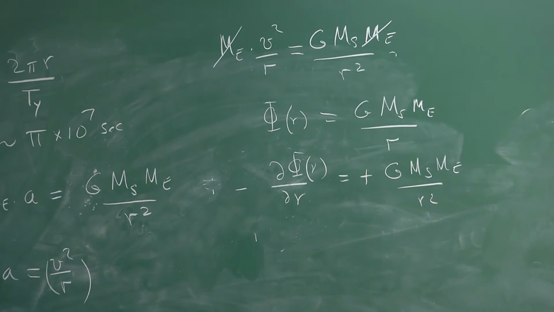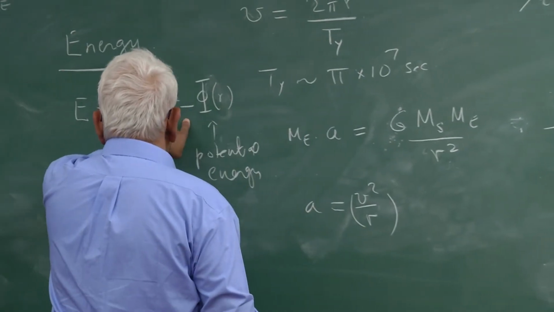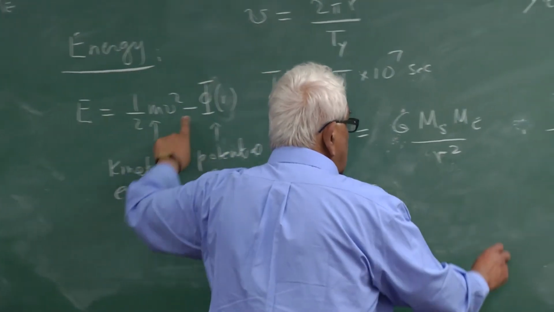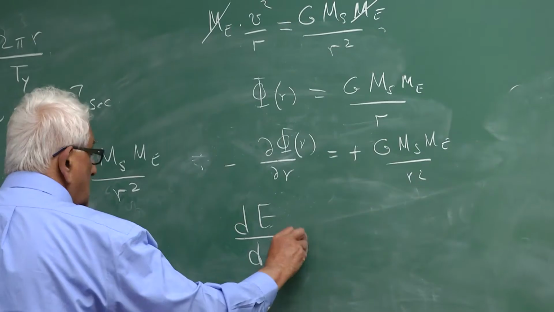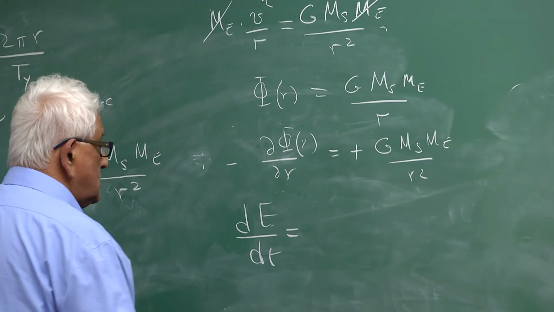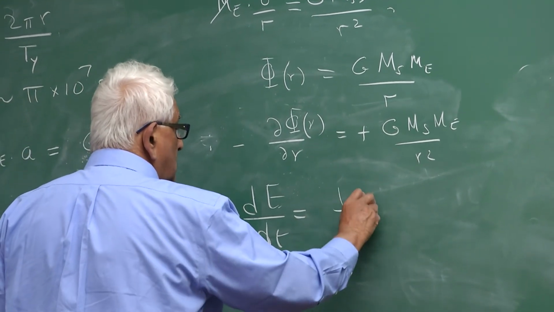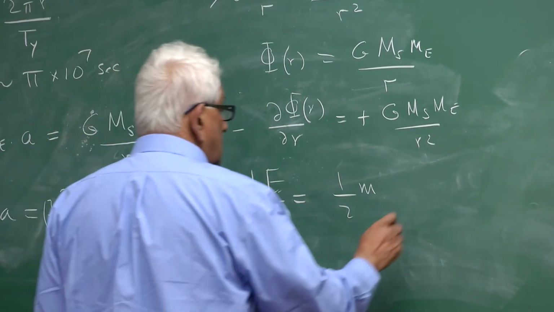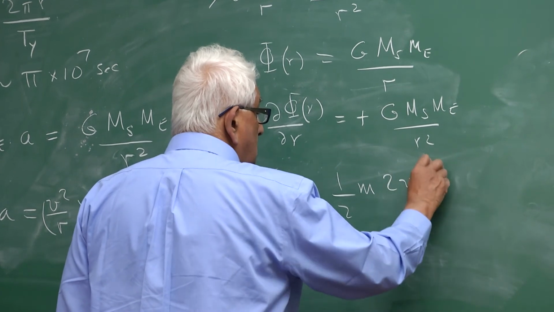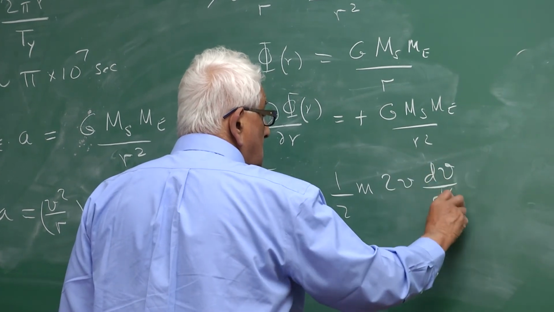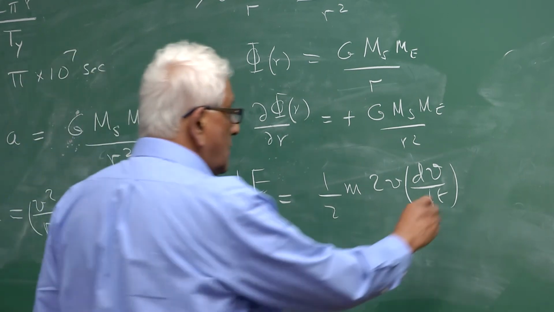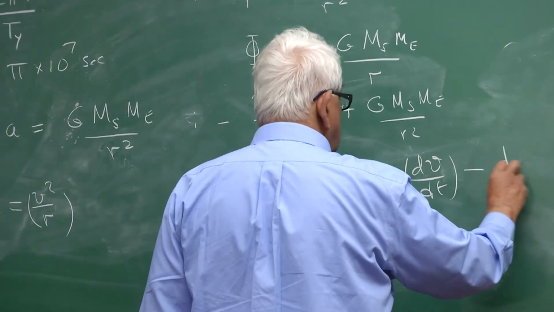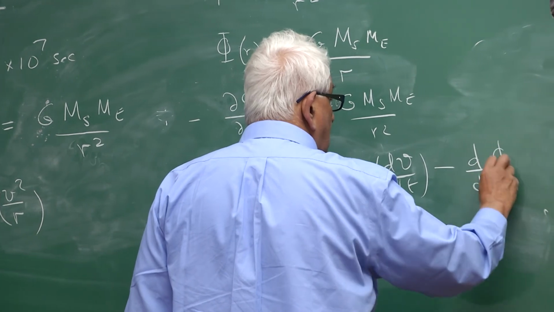And when I look at this expression, I can check that if I look at dE/dt, then this is equal to half m 2v dv/dt using calculus, minus d/dt of phi of r.